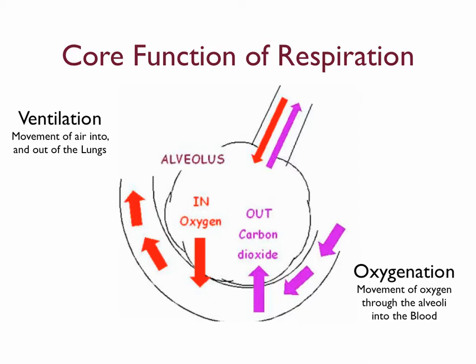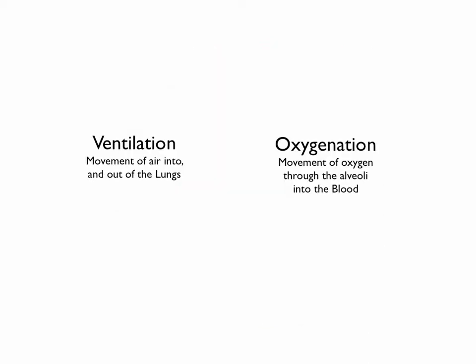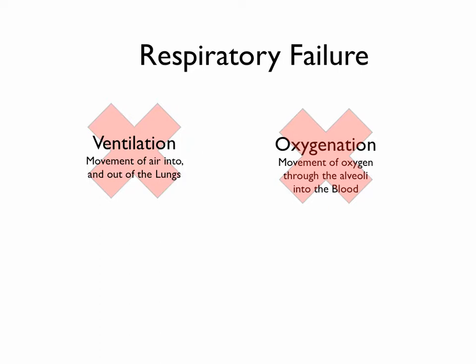That process is called oxygenation. So, these two processes are core to respiration. Any failure of any of these processes, for example, the failure of oxygenation or the failure of ventilation, will comprise what we know generally as respiratory failure.